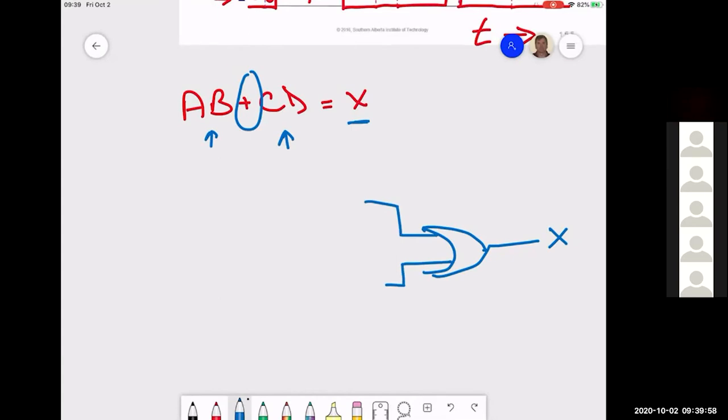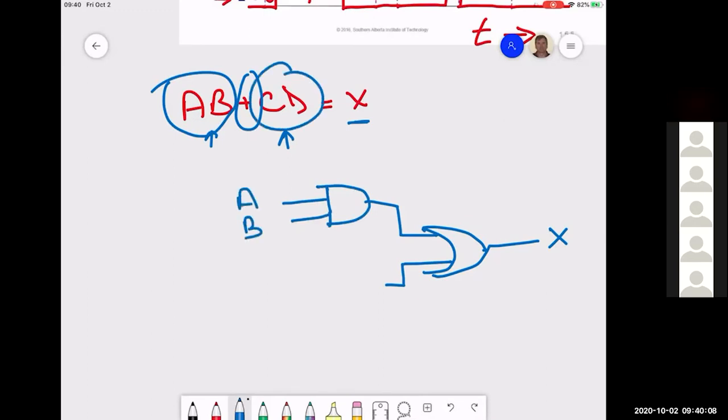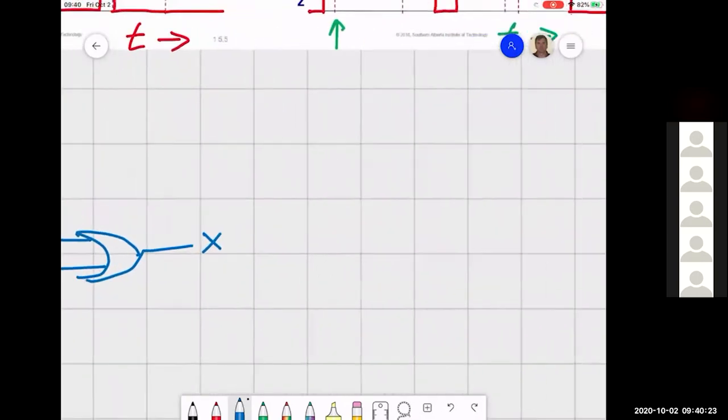It's AB, an AND gate with two inputs, A and B. My second one is an AND gate with two inputs, C and D. And we're done. Simple as that. Starting from the outputs, working towards the left. Can you tell me the next one, please?